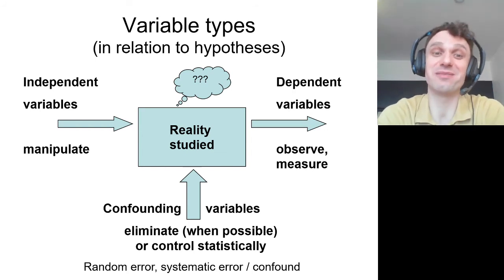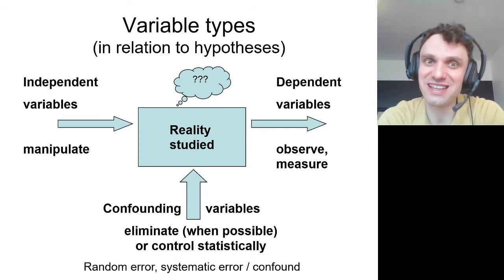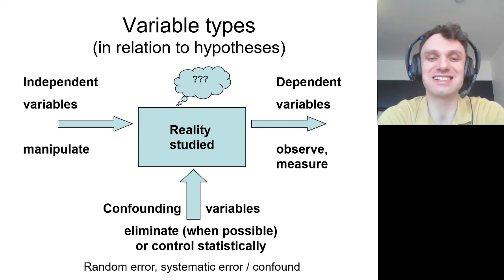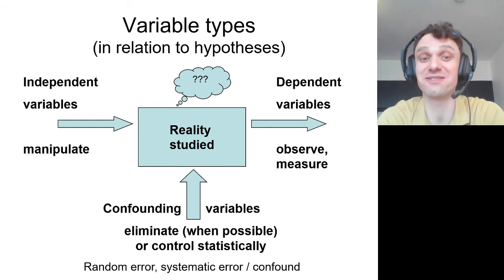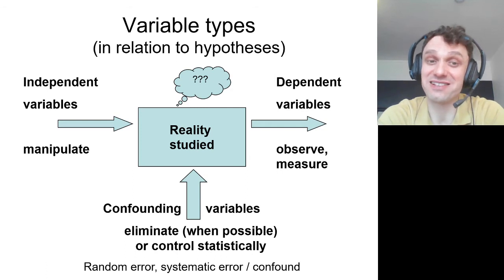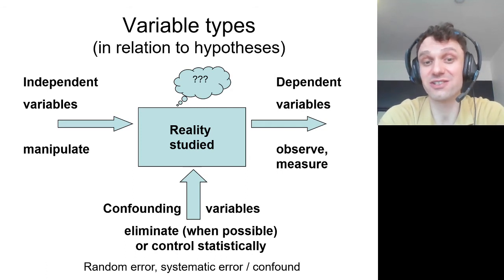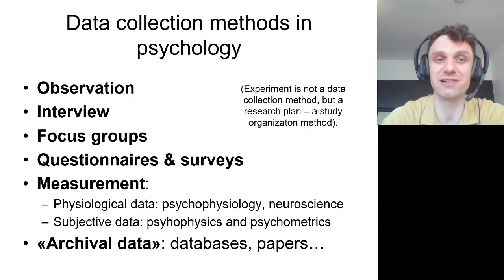So this socioeconomic status will be a confounding variable that will intervene with your measurements and that will introduce some additional differences, some additional variance or some error. That's why we try to measure these confounds to eliminate them either by means of our research design or to control them statistically with some kind of regression model.